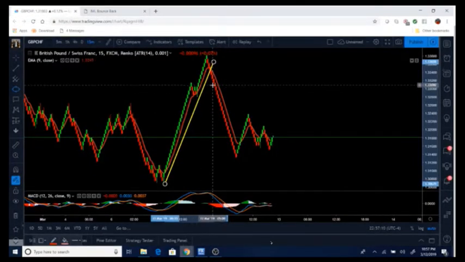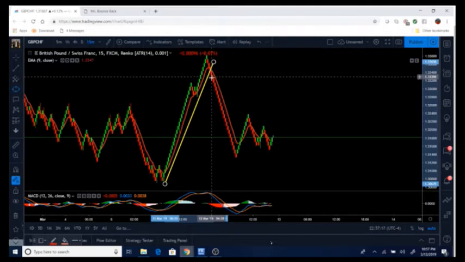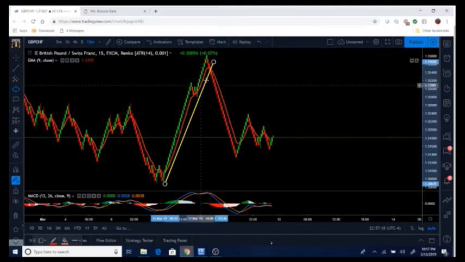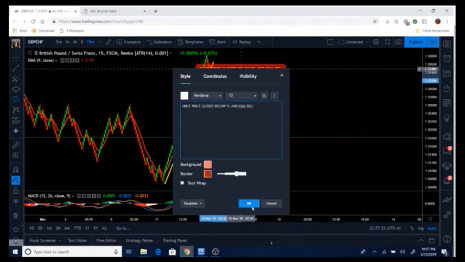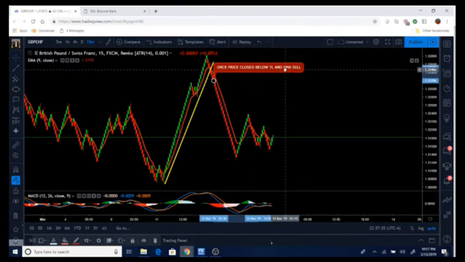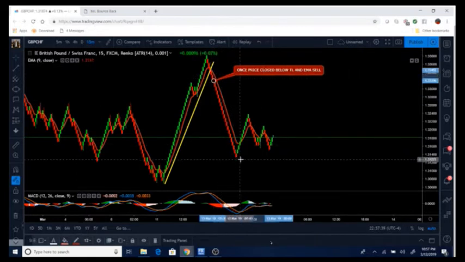That was up here before the break. I would have waited for the break. Once price closed below the trend line and EMA, sell. See that? That's extra confirmation, and then you got your big sell.